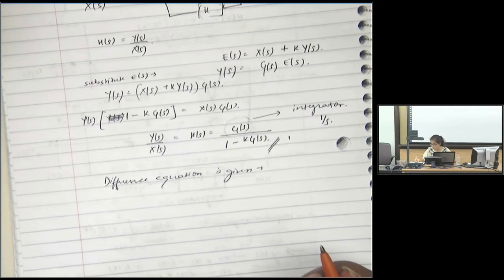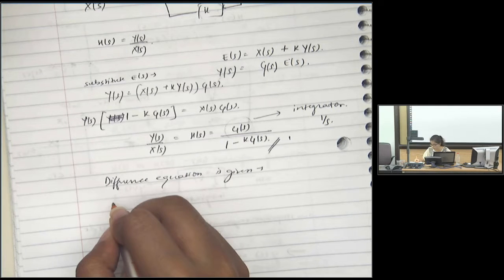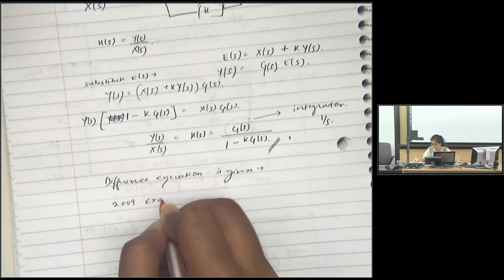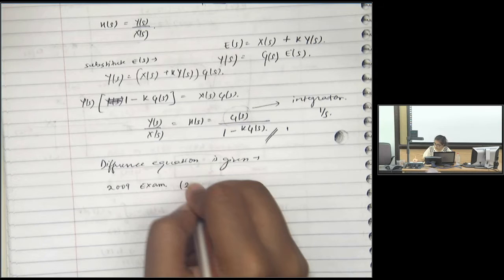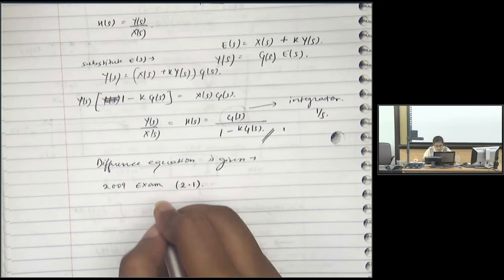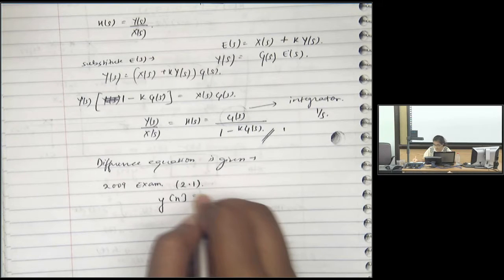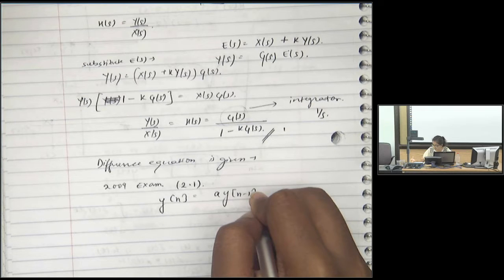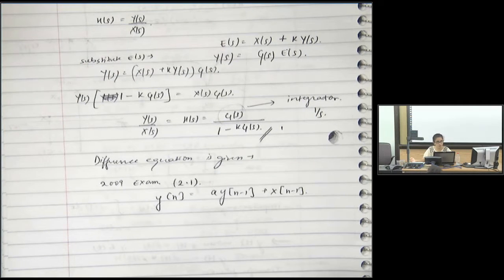A similar question is in the 2009 exam, question 2.1. So let me just do the same question. y of n equals a y of n minus 1 plus x of n minus 1.